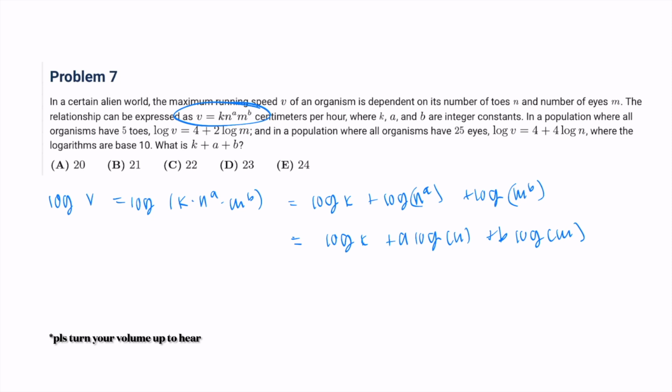And we do that because the other 2 equations we're given include log v, not just v. So we want to be able to compare all 3 equations together more easily, which is why we took the log of the first equation.